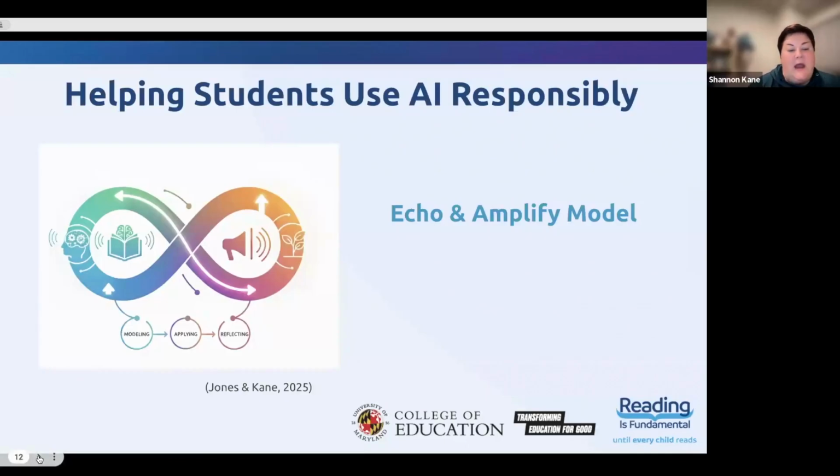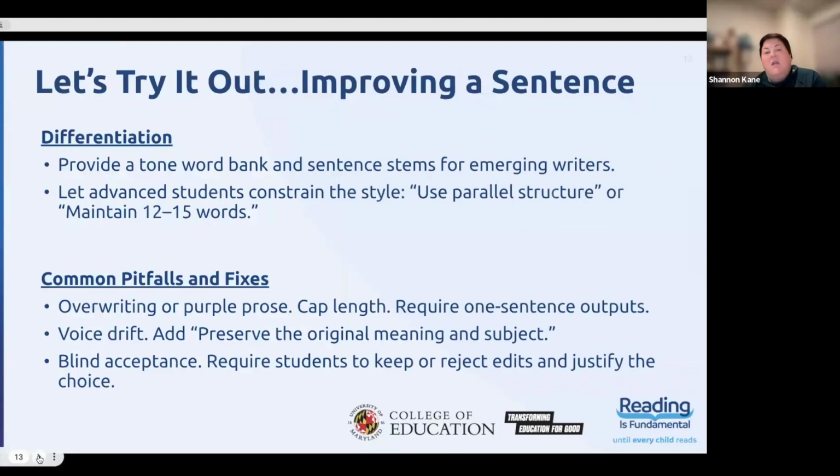All right, so we're going to try it out. We're going to have some fun. So the first thing we want to do is, let's say we want our students to improve a sentence, right? Here, let's say we had this flat sentence, or a pretty good sentence. We're going to use the idea of the dog ran across the yard, right?